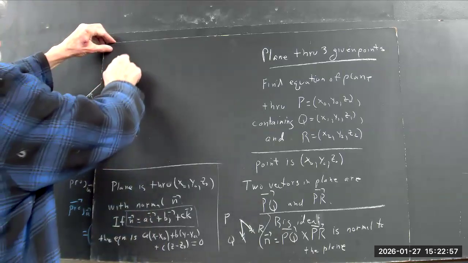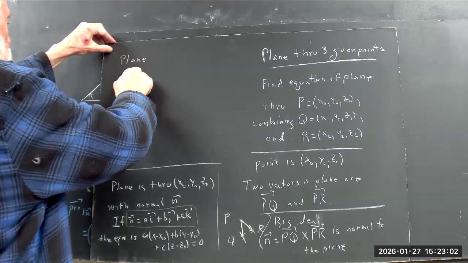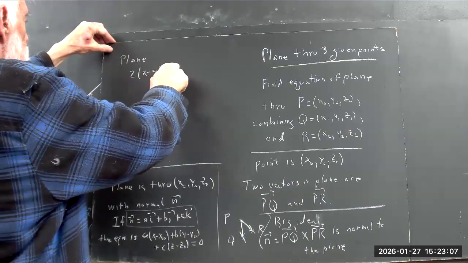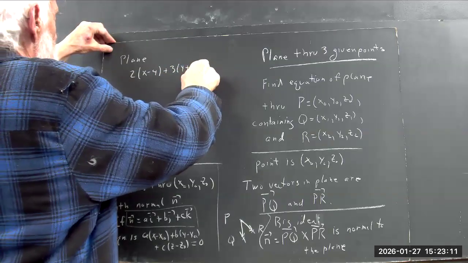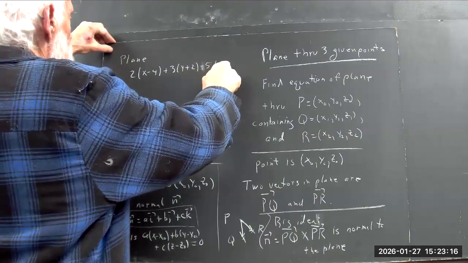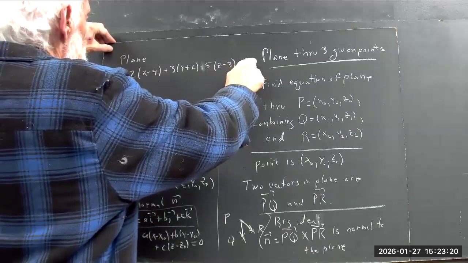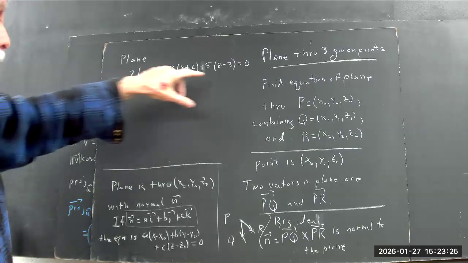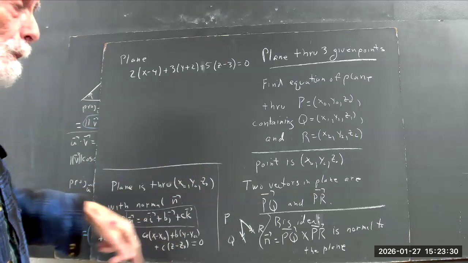Let's say you're given the plane 2 times (x minus 4) plus 3 times (y plus 2) minus 5 times (z minus 3) equals 0. What can you identify? Well, this is your a times (x minus x naught), and so on.